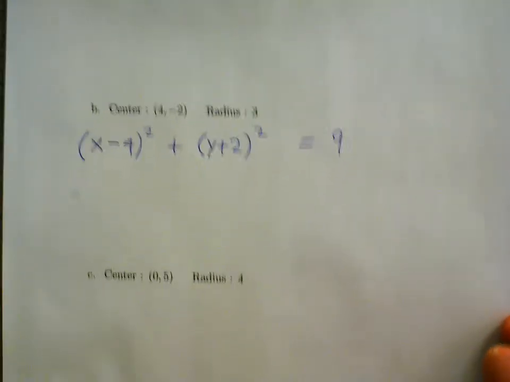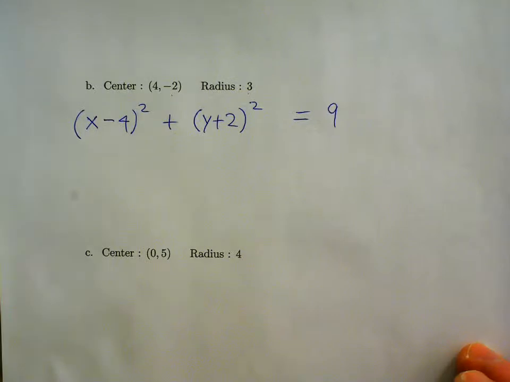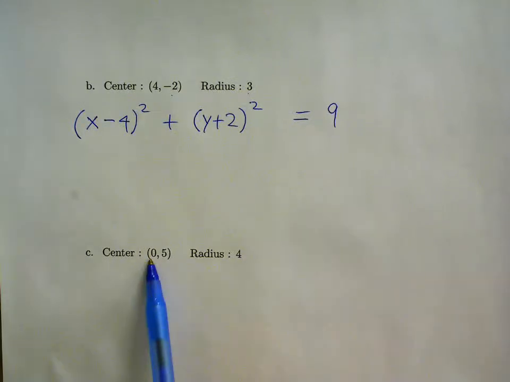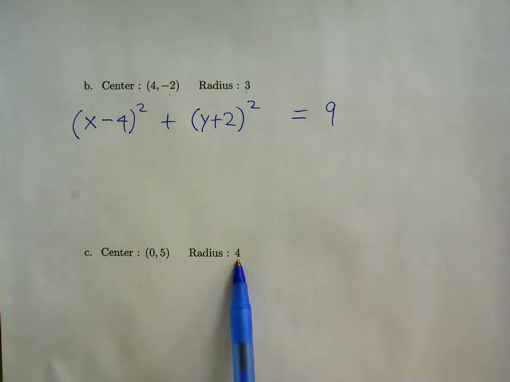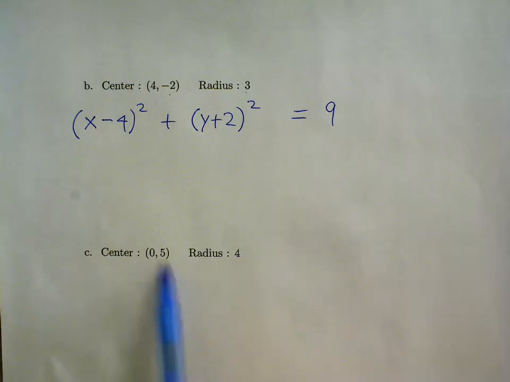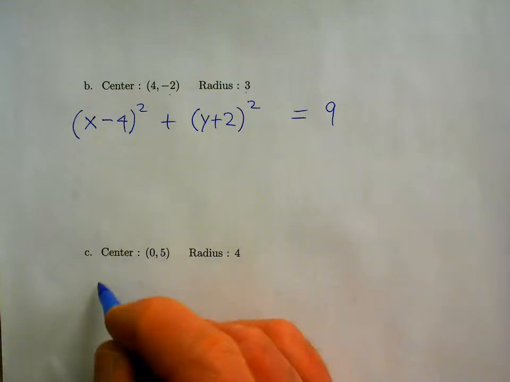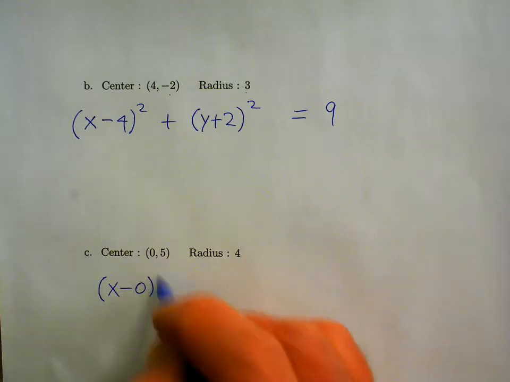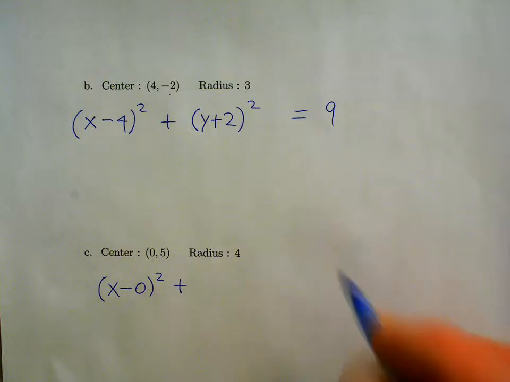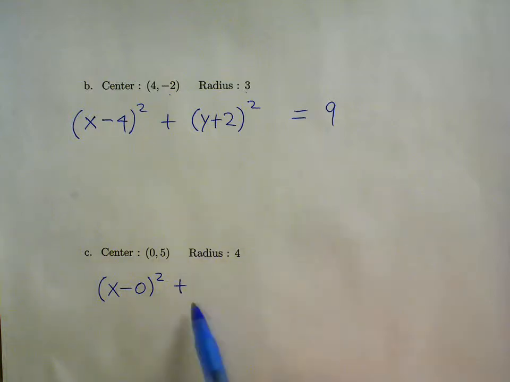Okay, in the next example, the center is the ordered pair 0, 5, and the radius is 4. The x-coordinate of the center is 0. We can start out by writing x minus 0 quantity squared, and then plus the other quantity squared.